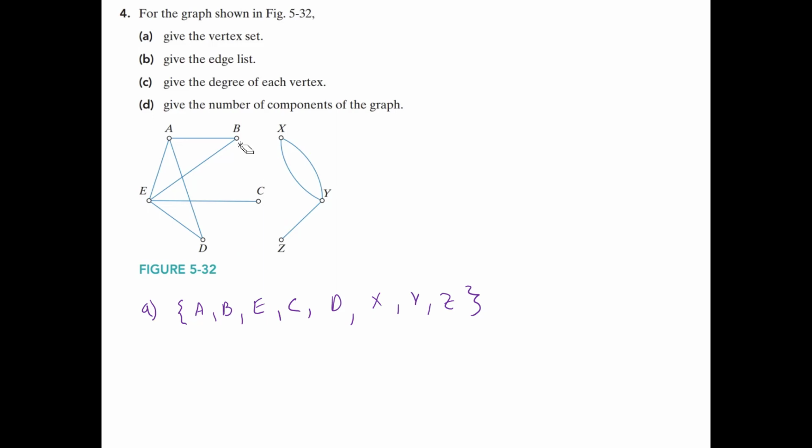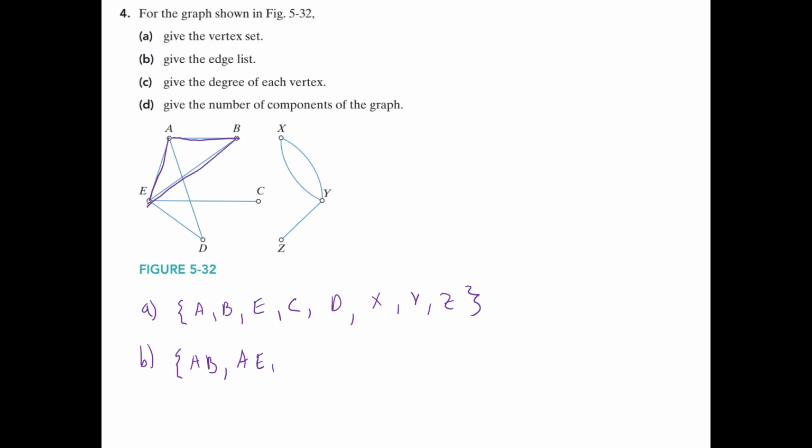And so then B, give the edge list. We have this edge connecting A and B, and it makes no difference whether you call it AB or BA. And then you have this edge joining A and D. So AE.